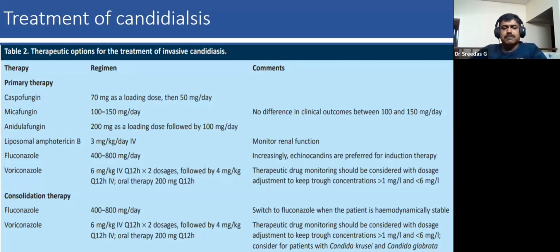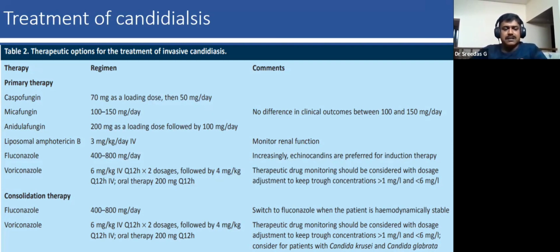Now, coming to the treatment of invasive candidal infection, it is recommended to start echinocandins as the primary treatment for severe invasive candidiasis, either caspofungin, micafungin, or anidulafungin. Other options include fluconazole, liposomal amphotericin B, or voriconazole.